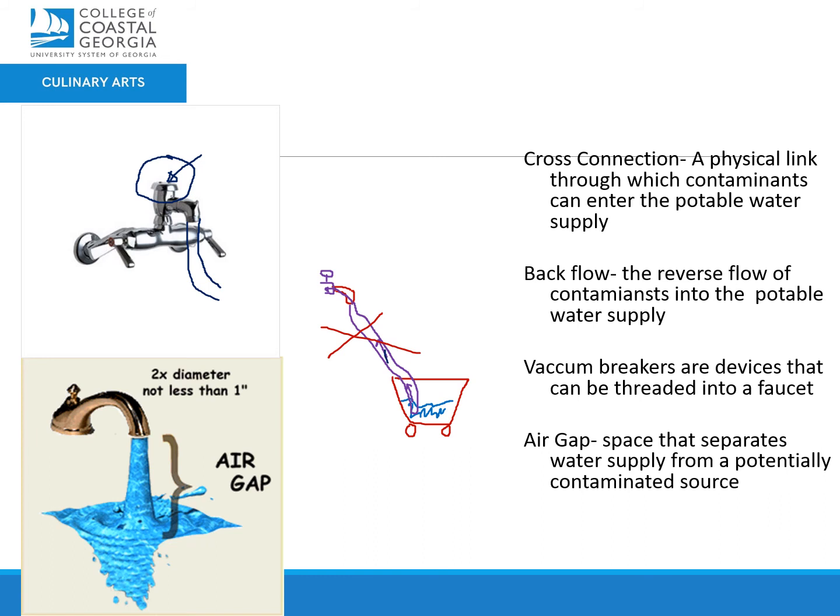The other thing that you want to have is what's called an air gap. That's the space between the faucet and the contaminated water. So if we have a sink, for instance, that we use for vegetable prep, here's our sink, and we have a faucet.